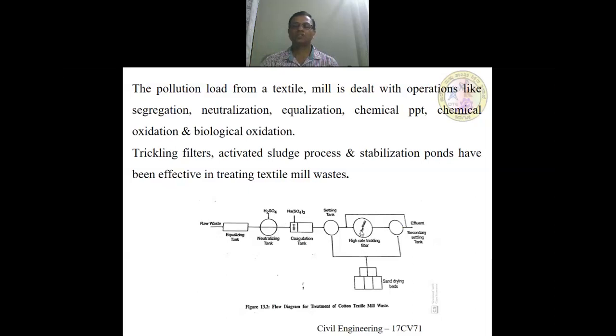If efficiency decreases, we recycle the sludge, and the sludge goes to sand drying beds. So in this way the wastewater from textile mills is treated: equalization, neutralization, coagulation, settling, and biological treatment by high rate trickling filters.